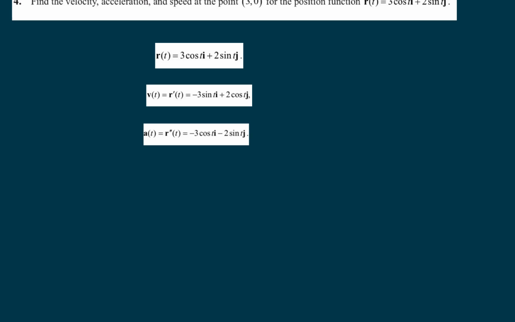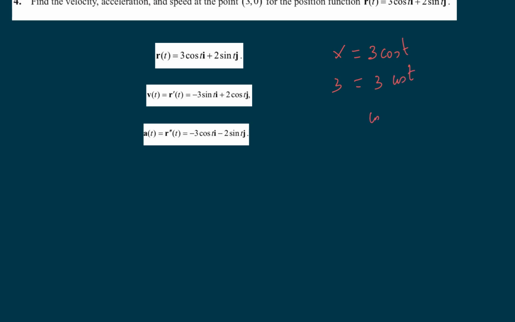and y equals 0, what is the vector velocity? Well, if we write that x of t is 3 cosine of t, and we say that x equals 3, it means that 3 is 3 cosine of t.